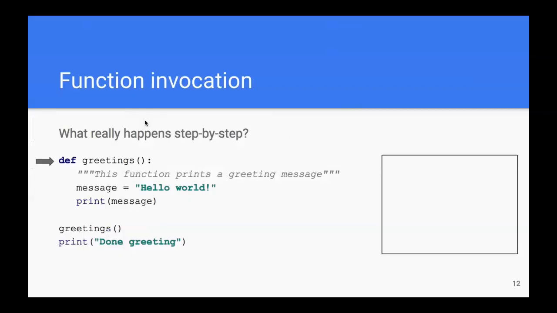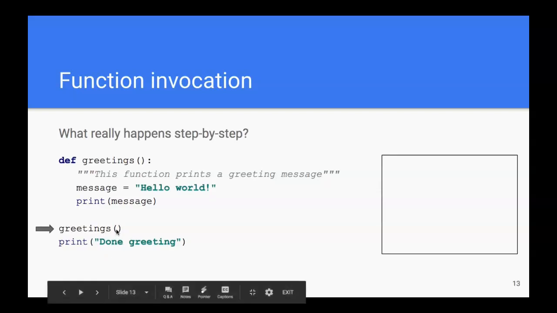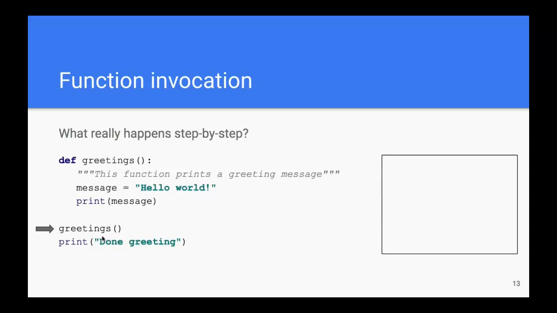Now, how it actually works is, when the Python interpreter encounters the definition, it remembers there's a function called greetings. Next, it comes to this line that actually calls the function greetings, and Python's already seen the definition for greetings, so it knows now to pass the control of the script to this function.